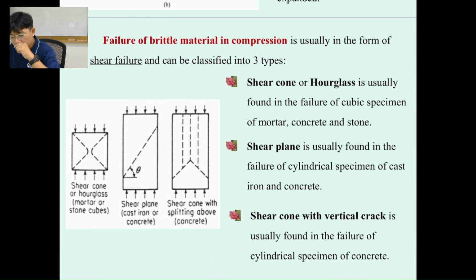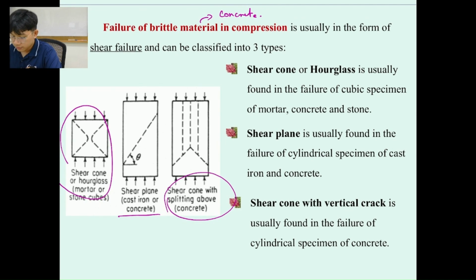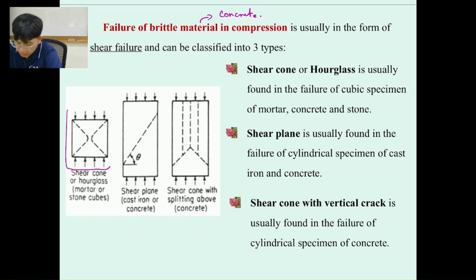All right. So for brittle material samples like concrete, we have three types of failures. For example, if it is a cubic sample like this and a cylindrical sample like this, we have three types of failures. In the examination, I may provide you this image and then ask you what is the failure of this image.